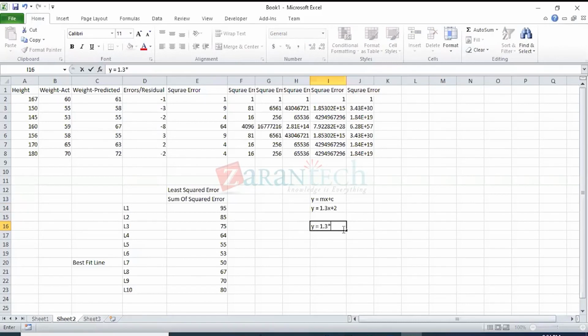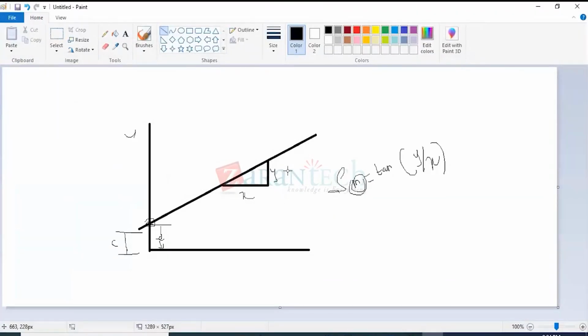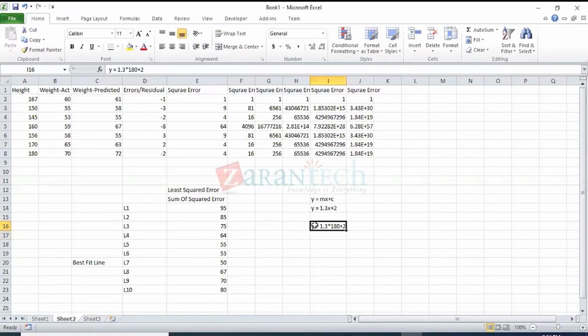Let's say I have the height of 180, plus 2. The value of this should be your weight. So what we did here is convert this best fit line into a mathematical equation, so that every time we want to find the weight, we can simply put the value of height into this equation to get the value of weight.